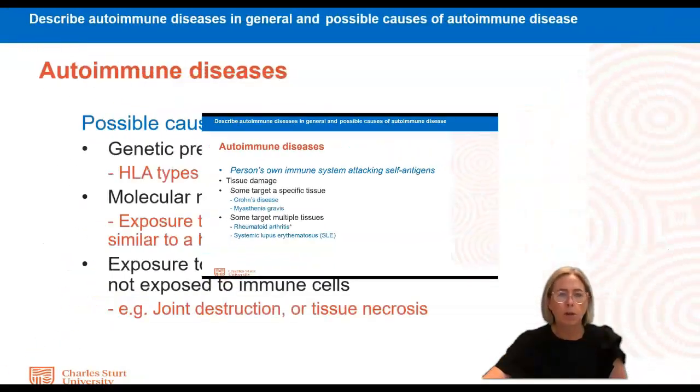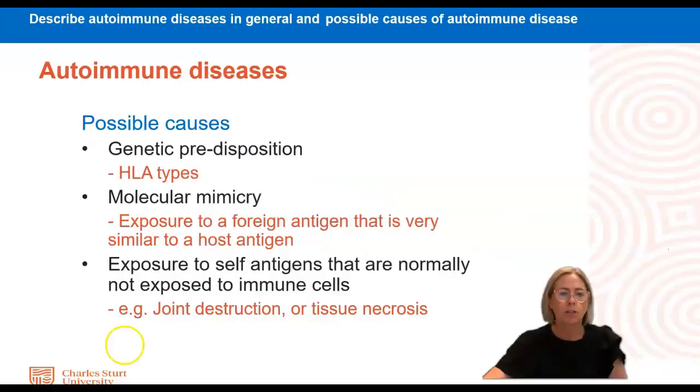In terms then of possible causes of autoimmune disease, there is a genetic predisposition in terms of the HLA type that you have inherited. Remember, HLA is human leukocyte antigen. It's the same as MHC. So remember, these little molecules that are on the surface of our cells that present antigen to the immune system.